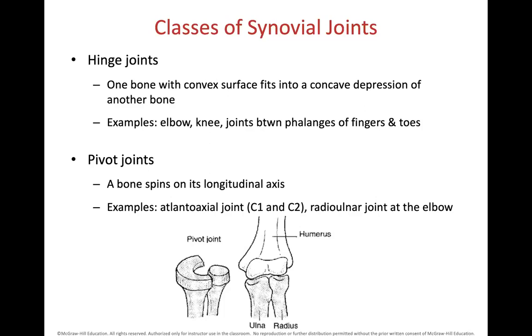At your elbow, you have multiple joints. You have the humerus joining the radius and the ulna, and then you have the radius and the ulna joining each other, right? So you have a joint there. At your radio-ulnar joint, your radius actually rotates around the ulna when you turn your hand either facing up or facing down. So that's a pivot joint.